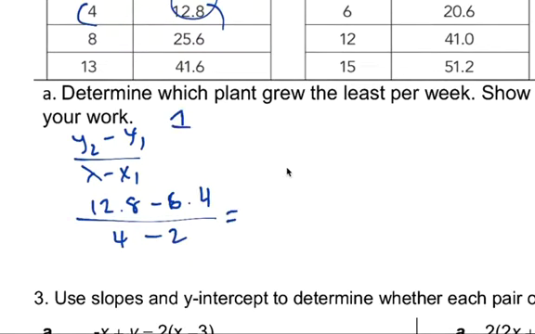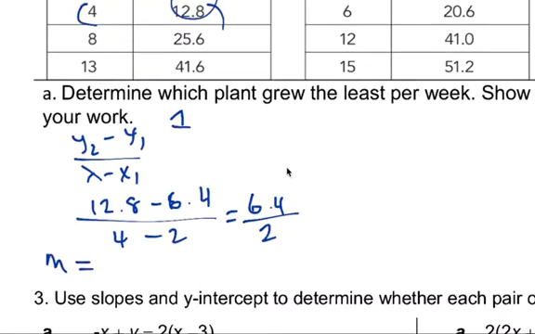And we got 6.4. Yeah, 6.4 over 2, which is, I'll do the answer at the bottom.